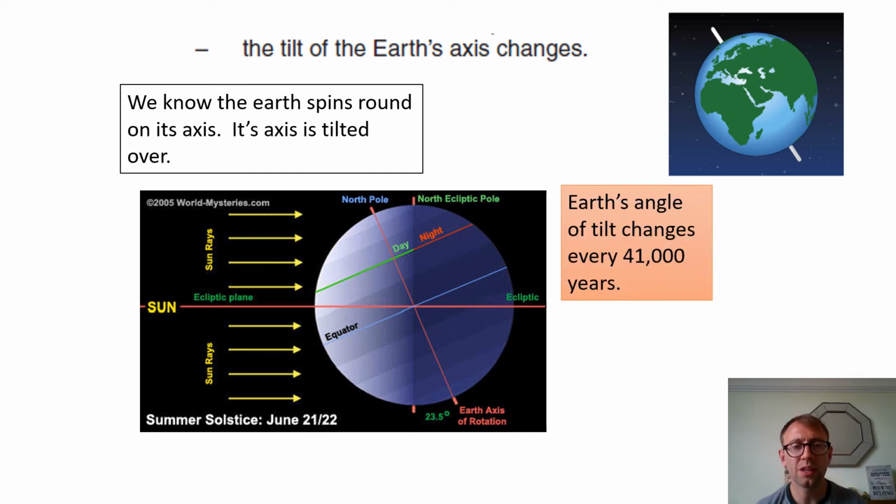Now this changes every 41,000 years. So at periods of time when the North Pole is closer to facing the Sun, maybe the Arctic will feel warmer, leading to greater ice melt and things like that. Whereas Antarctica might be facing the opposite way, further away from the Sun, and could actually be colder. So we have to consider that as the Earth spins.